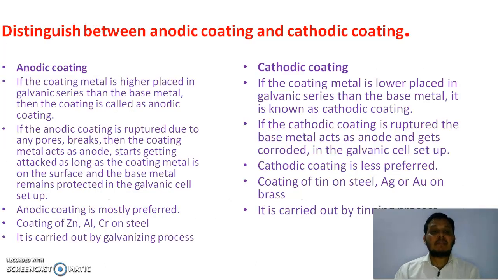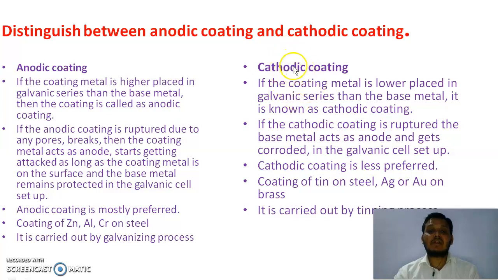Now, what is the basic difference between anodic coating and cathodic coating? In anodic coating, the coating metal is higher placed in the galvanic series than the base metal. Exactly opposite to this, in cathodic coating the coating metal is lower placed in the galvanic series than the base metal.